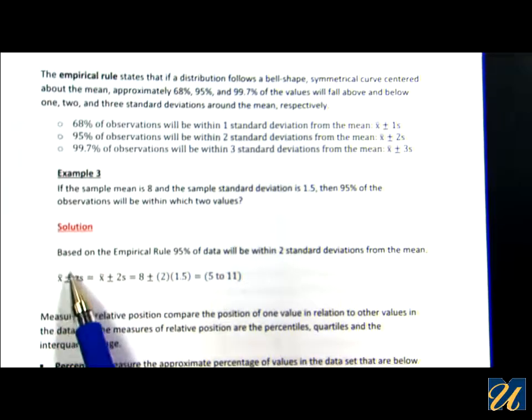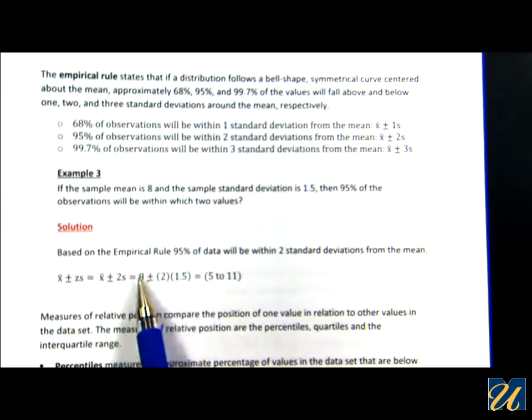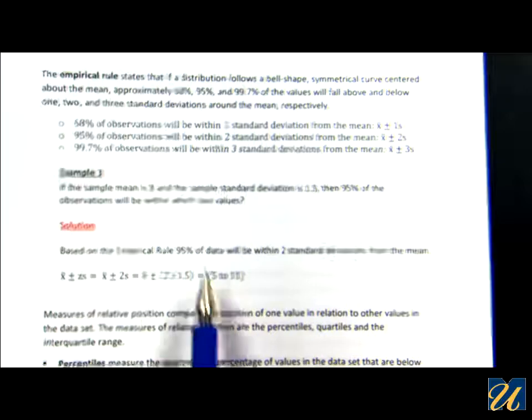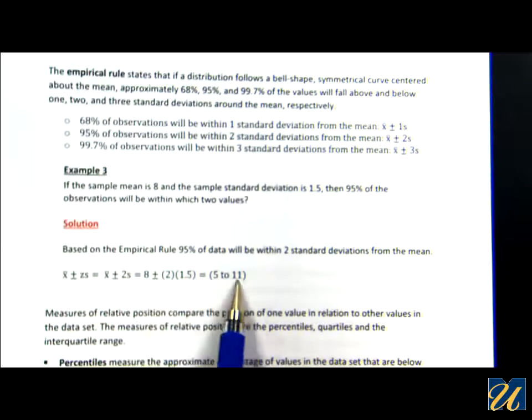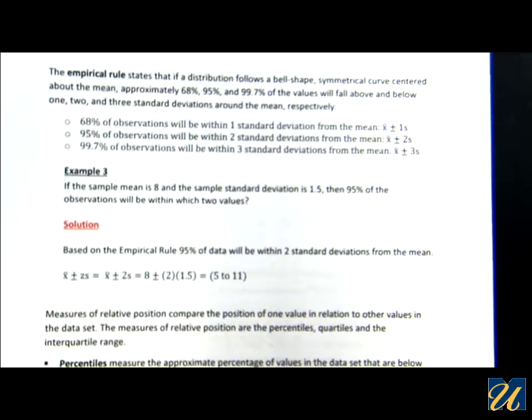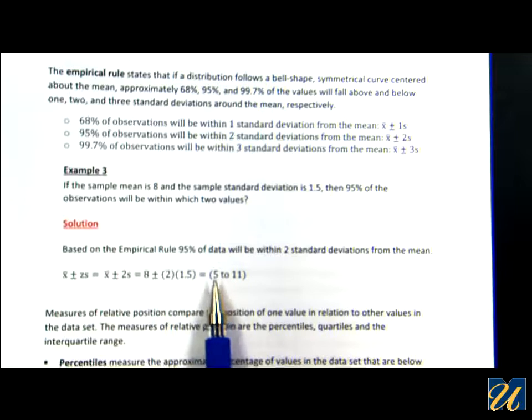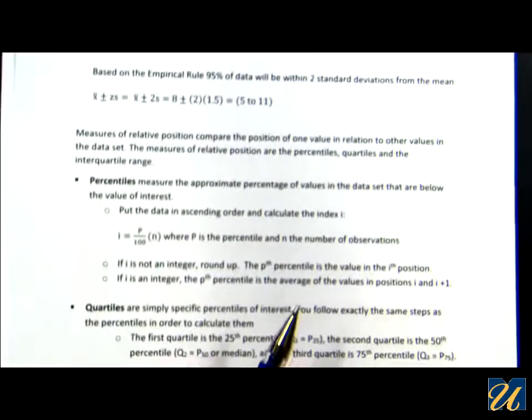So x bar plus minus 2 standard deviations, 8 plus minus 2 times 1.5, which is 3. 8 minus 3, 5, the lower limit, 8 plus 3, 11, the upper limit. So 95% of the observations will be between 5 and 11. This is basically what you have just calculated.